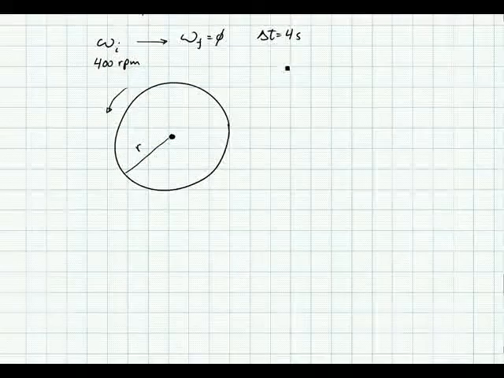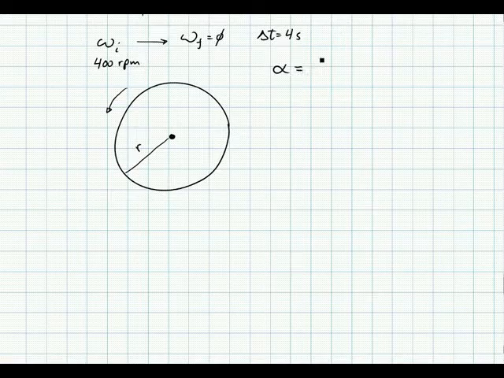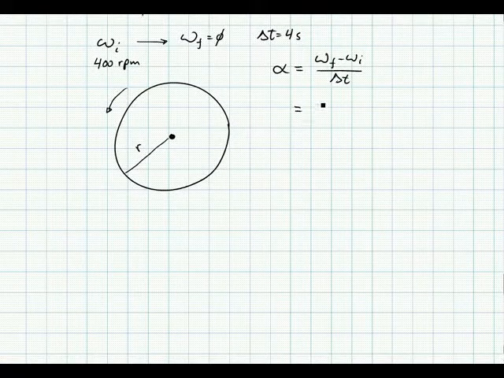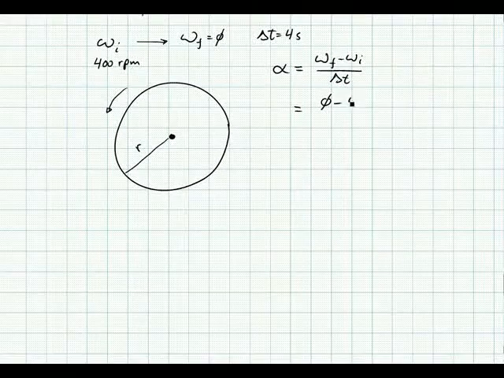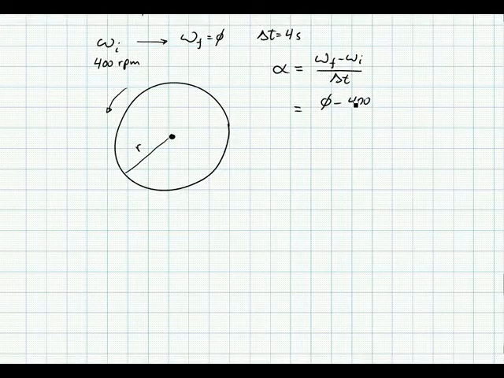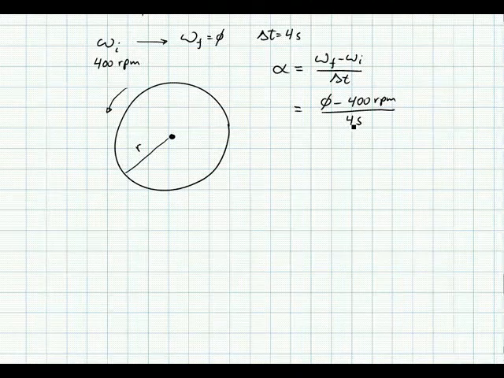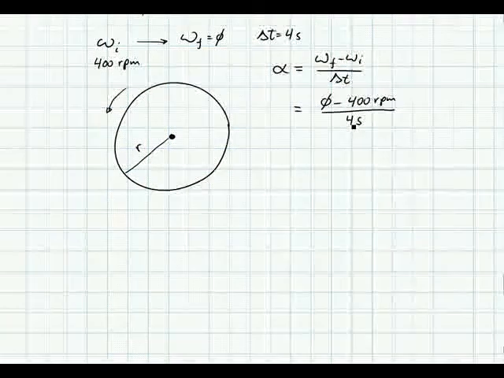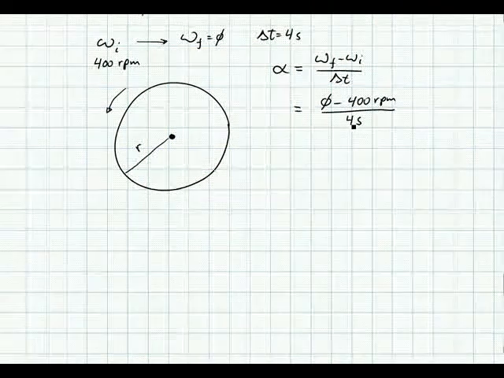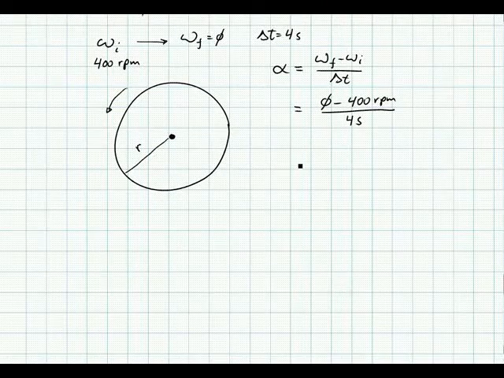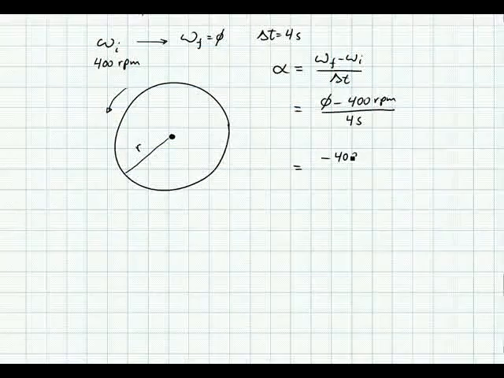then we can calculate the angular acceleration. This is omega final minus omega initial divided by the time taken, which is omega final is 0 minus 400 RPM divided by 4 seconds. Now here's when you need to convert RPM into radians per second. So that's minus 400 RPM.